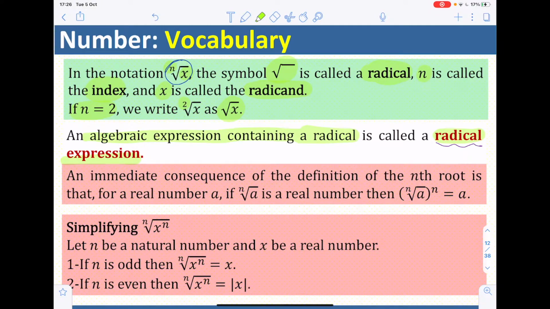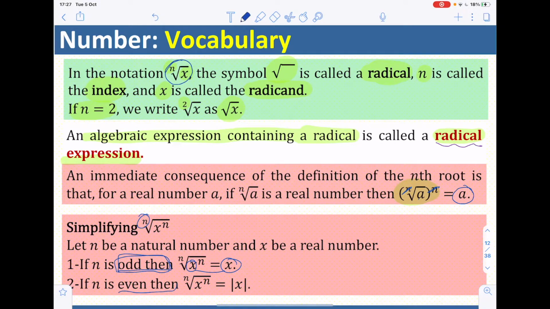In general, as I said before, the root cancels the power and I'm left with a. But this is for a special case, so we should be a little more specific about n here. If n is an odd number, then we can write x as it is.